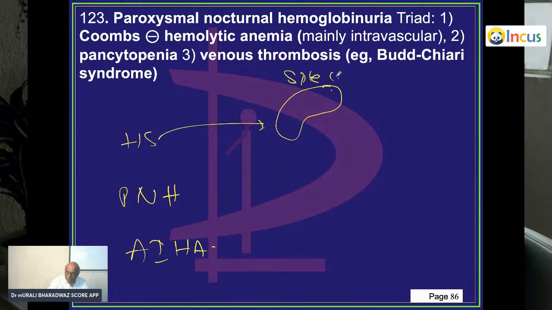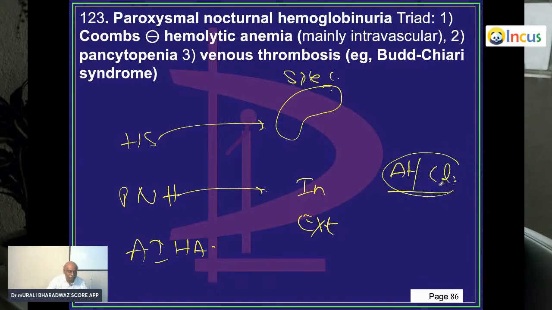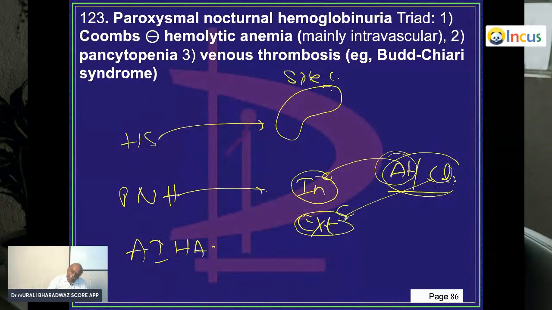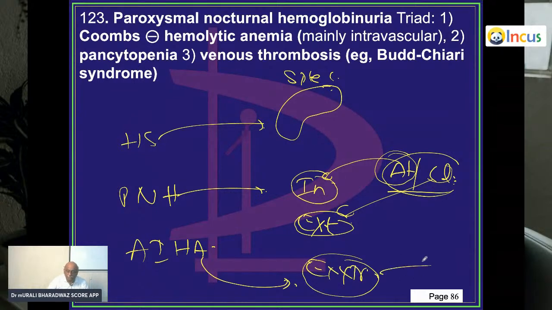Spleen, extravascular, because the spherocytes are broken down squeezing through the spleen. Then PNH, both intravascular and extravascular, because both alternate and classical complement pathways are responsible; the alternate pathway is mainly responsible for intravascular, the classical for extravascular. Then autoimmune hemolytic anemia is predominantly extravascular because only the classical pathway is involved.